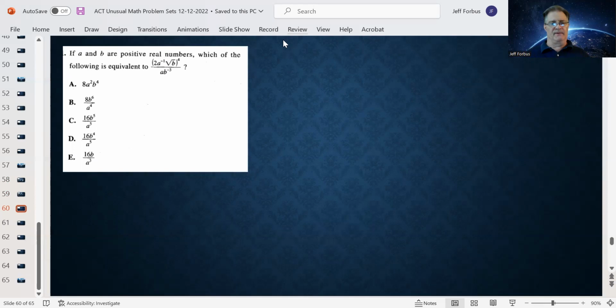So which of the following is equivalent to what we've been given? So we need to simplify this. What we have here is 2a raised to the -1, the square root of b, all of this raised to the 4th power, divided by ab to the -3rd power.